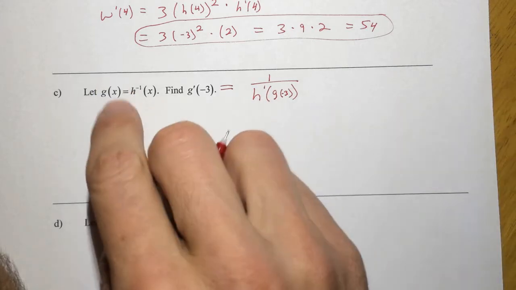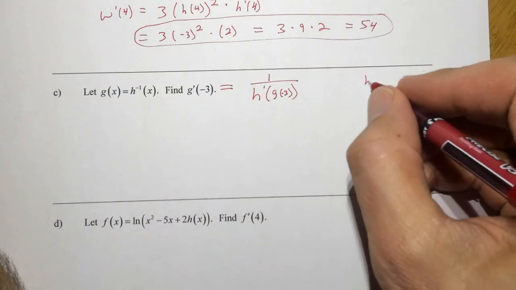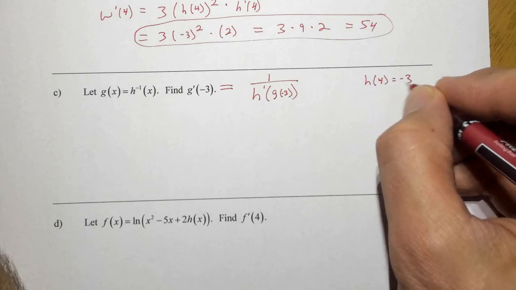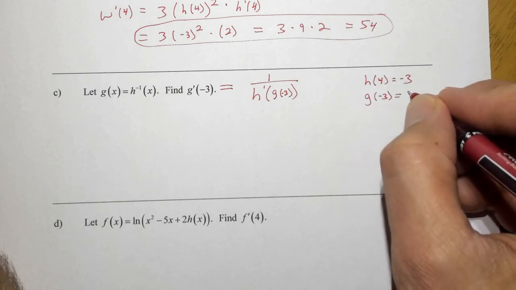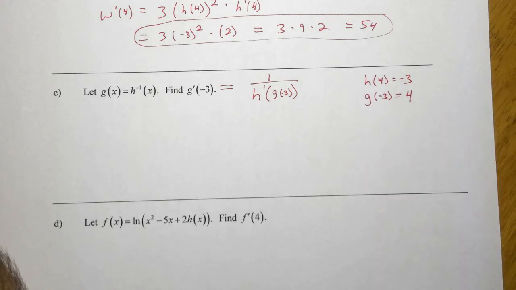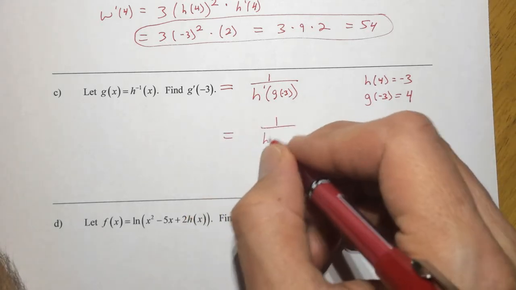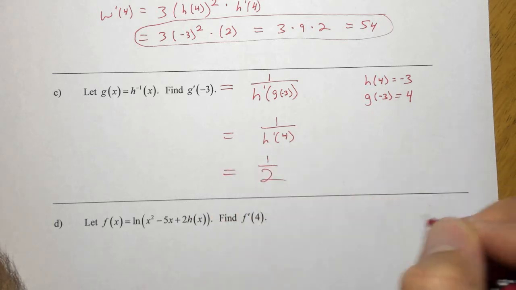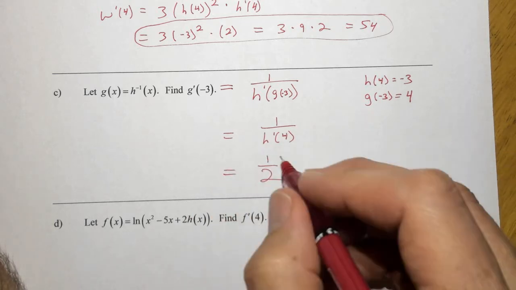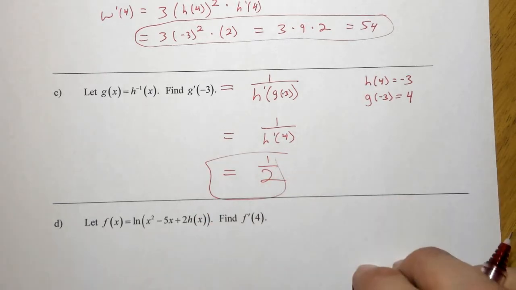Well, g is the inverse of h, and remember what we were told, h of 4 is equal to negative 3. So that means that g of negative 3 is equal to 4. So this is equal to 1 over h prime of 4, and we're told that h prime of 4 is 2, so we have 1/2. And there's really only one answer there.